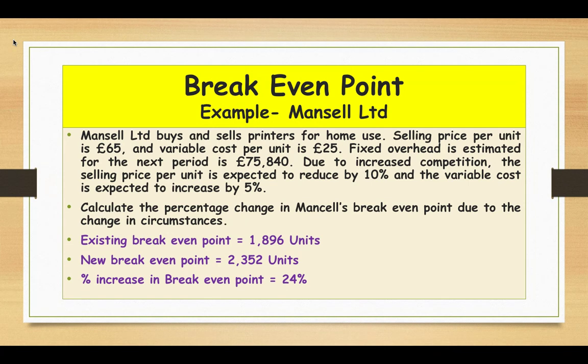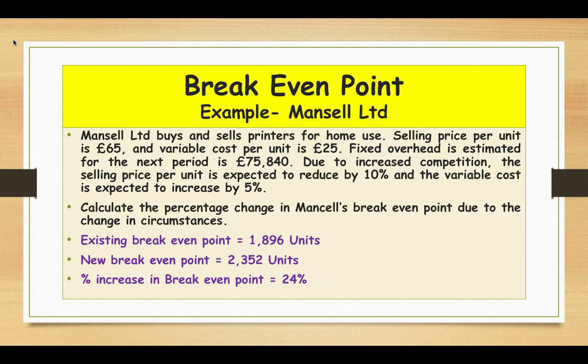Now the new variable cost per unit: existing variable cost is £25 per unit. Now this is increasing by 5%. So 25 times 1.05, so that's equal to £26.25. So our new selling price is £58.5. The new variable cost per unit is £26.25.